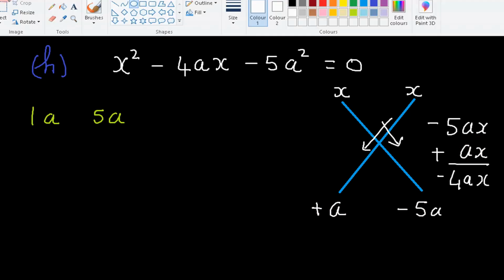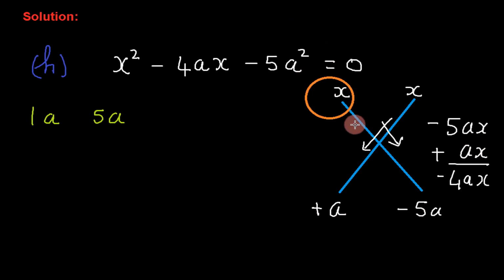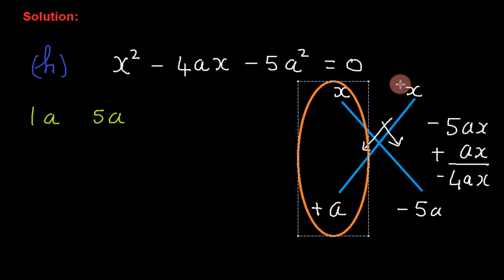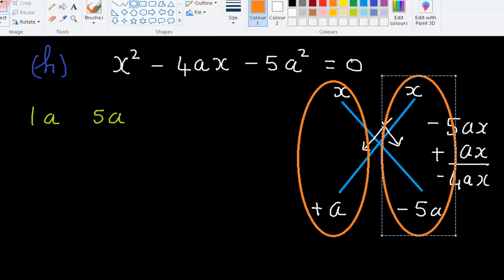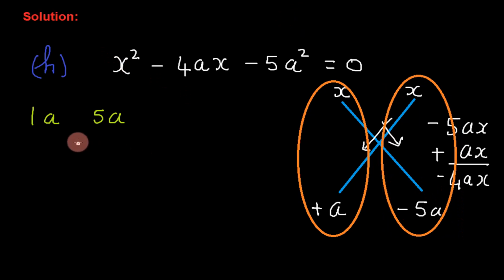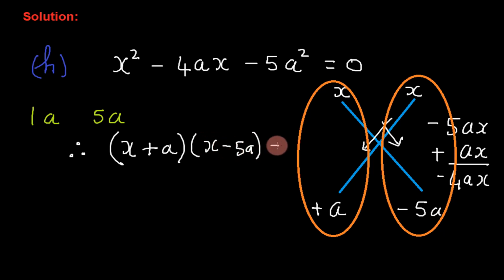Then grouping vertically, so we have x plus a times x minus 5a. Let's check mentally. X times x is x squared.